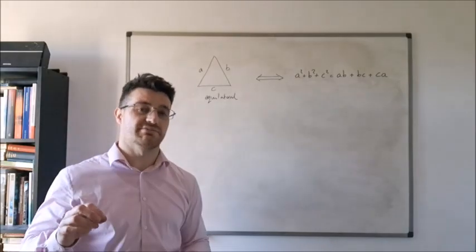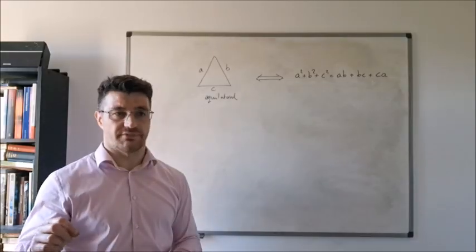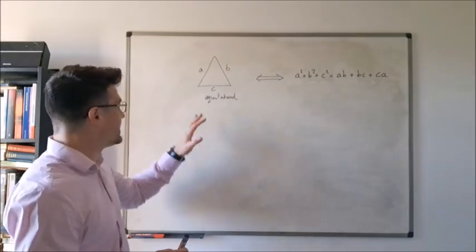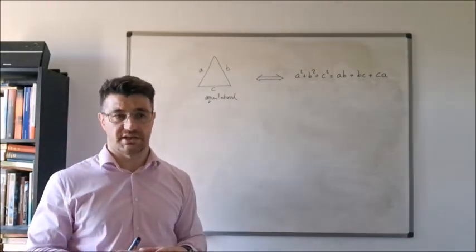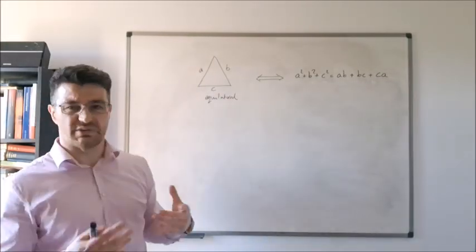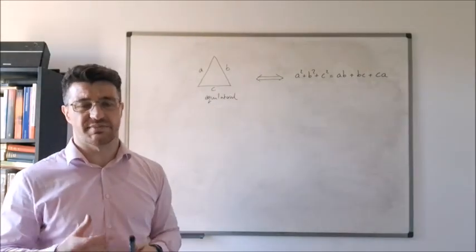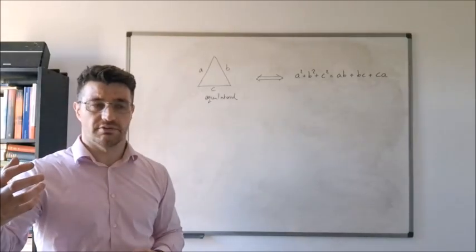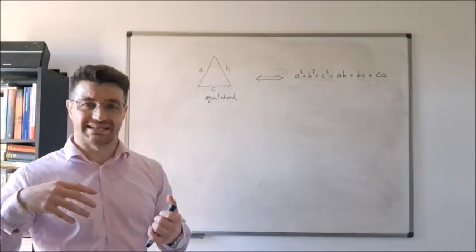I've got to rely on an additional property of equilateral triangles that I didn't really want to rely on. An equilateral triangle, as far as we're concerned, is a triangle with three equal length sides. To use the cosine rule, I had to rely on the fact that not only are the sides equal in length, but also the interior angles are all equal. It felt like something over and above what I should be doing. It works, but I didn't like it.